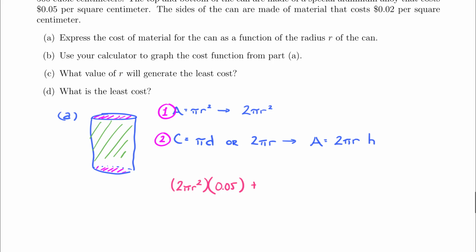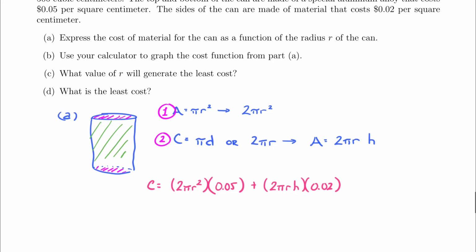And then we would add the cost of the sides. And the side is 2 pi r h times 0.02. That's the cost of the material for the sides of the can.